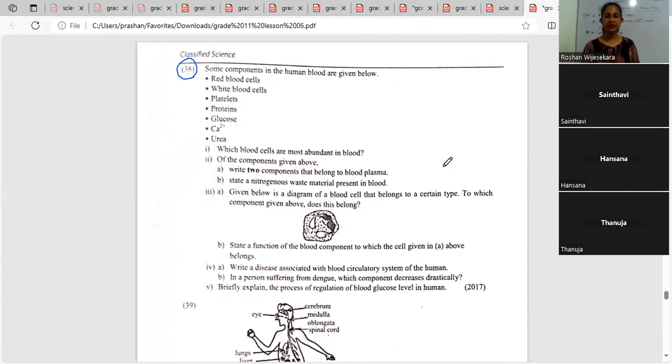Part B. State a function of the blood component to which the cell given in A belongs. If you do not identify this cell type correctly, this second part will also be wrong, because you have to write the function of that blood cell type. The function of white blood cells is to protect our body from diseases.